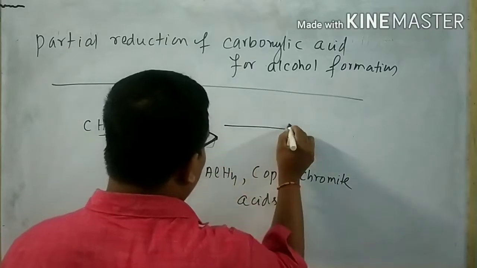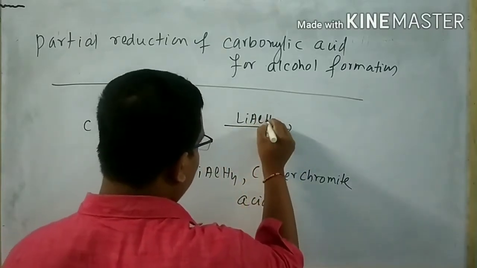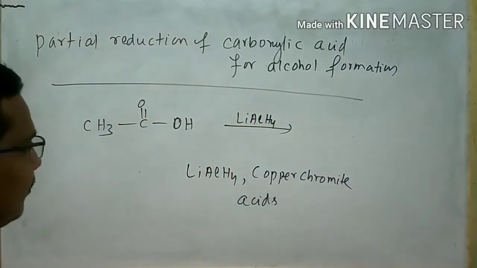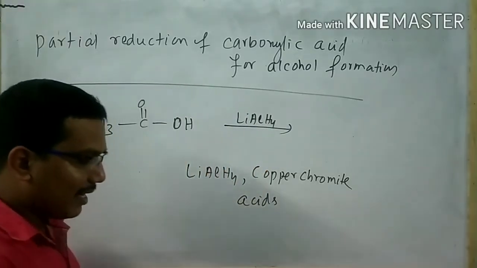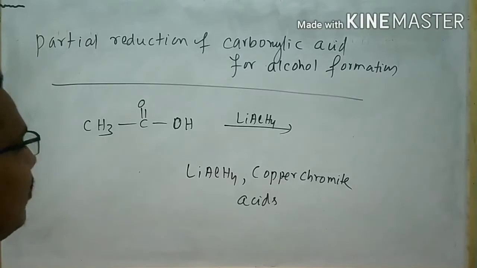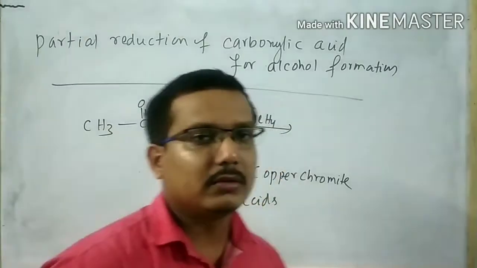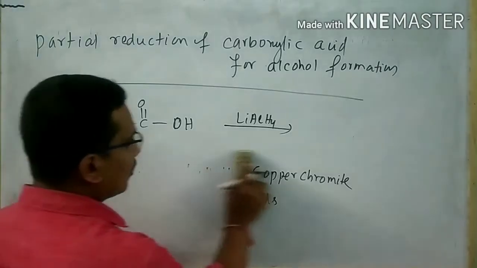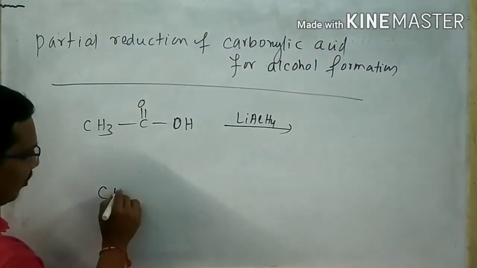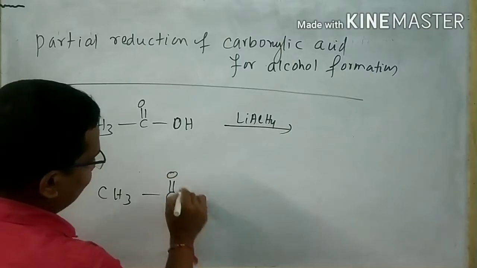Suppose I want to take lithium aluminum hydride, LiAlH4. It is a very good reducing agent. It supplies a sufficient amount of nascent hydrogen to reduce the carboxylic acid. This is your acetic acid.